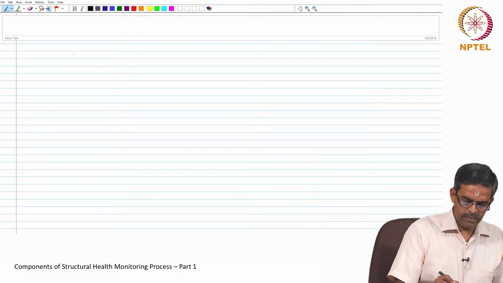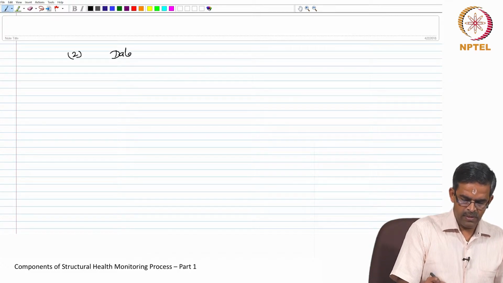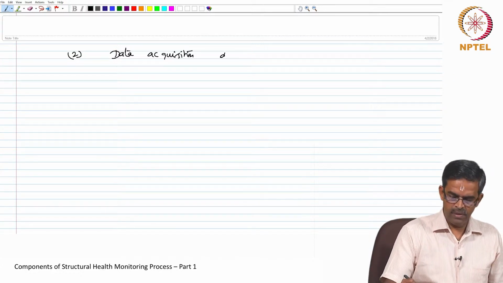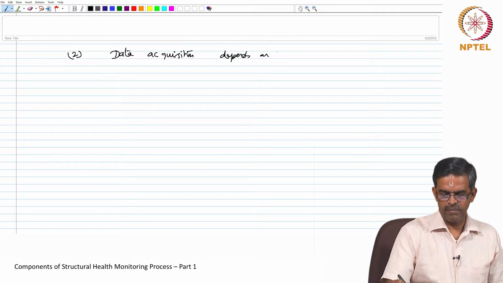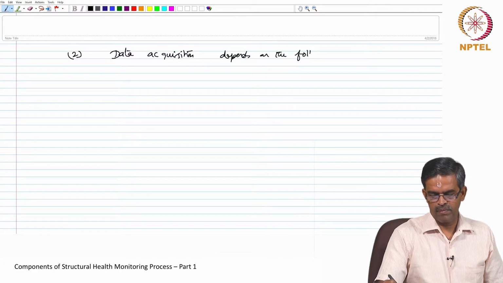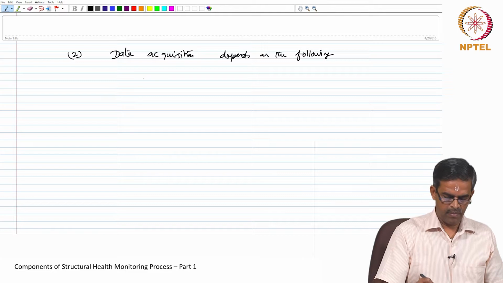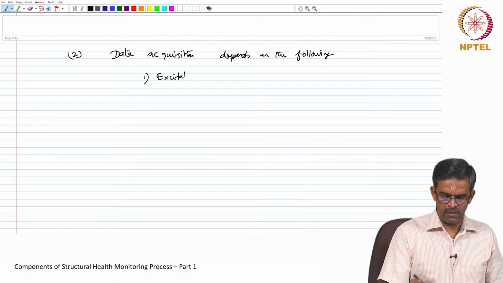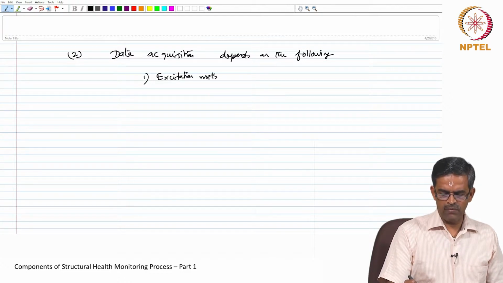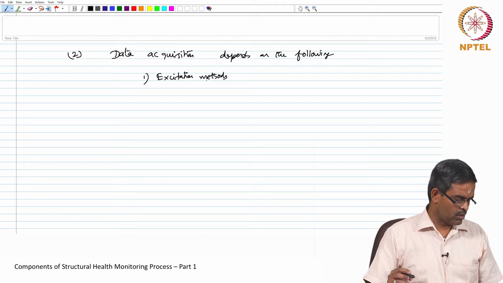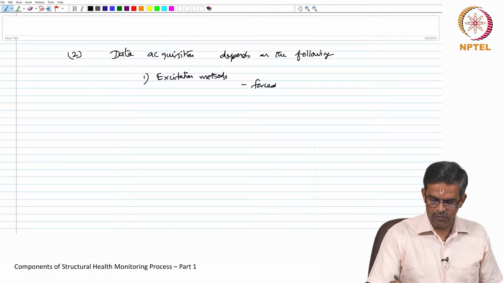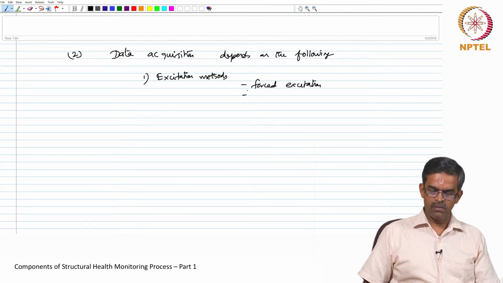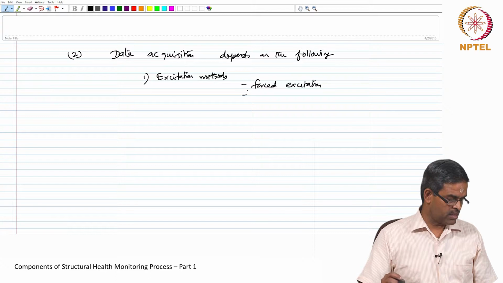The second stage, which is data acquisition, depends on the following. It depends on the excitation methods, because the choice of data acquisition system also depends on whether you are using a force excitation, because the number of channels, the frequency and bandwidth all depend on the type of excitation.